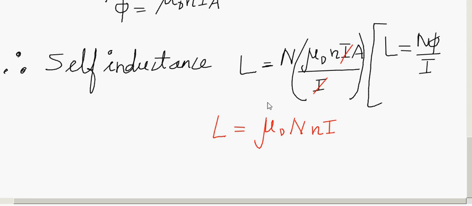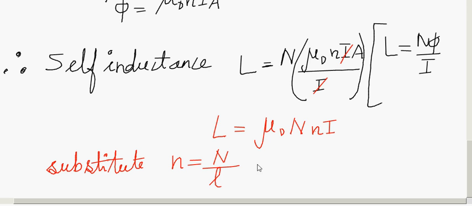The given quantities here are the total number of turns capital N and the length of the solenoid. So now substitute small n equal to N by L in the above equation.